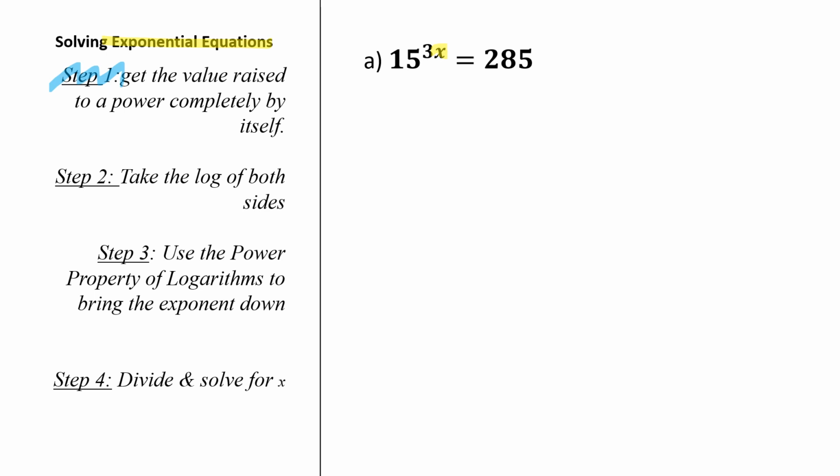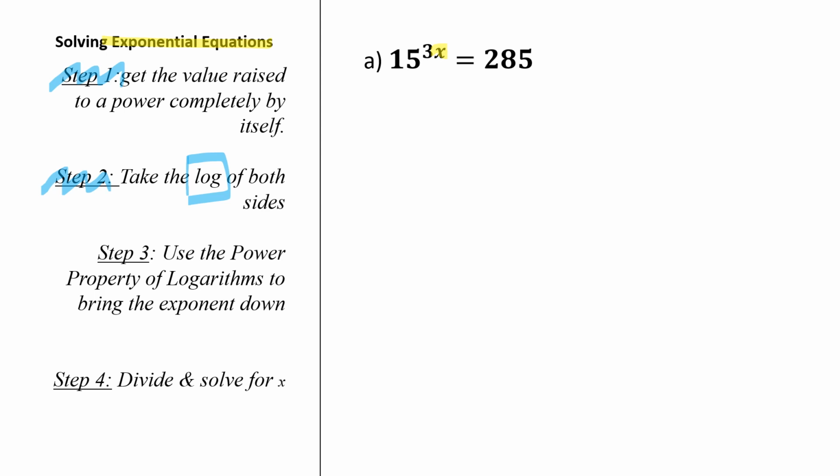Step 2 is probably the most important step, because when you have a variable in the exponent position, the only way we can solve is to take the log of both sides. You could take the log of any base, but we always use log base 10 because that's what most calculators are programmed with.